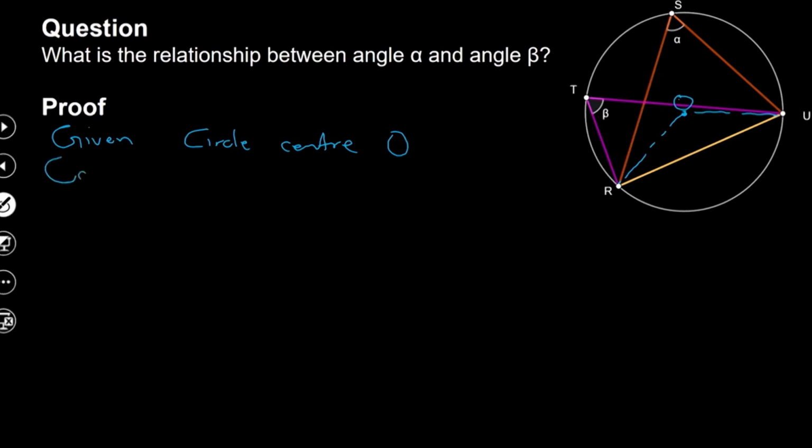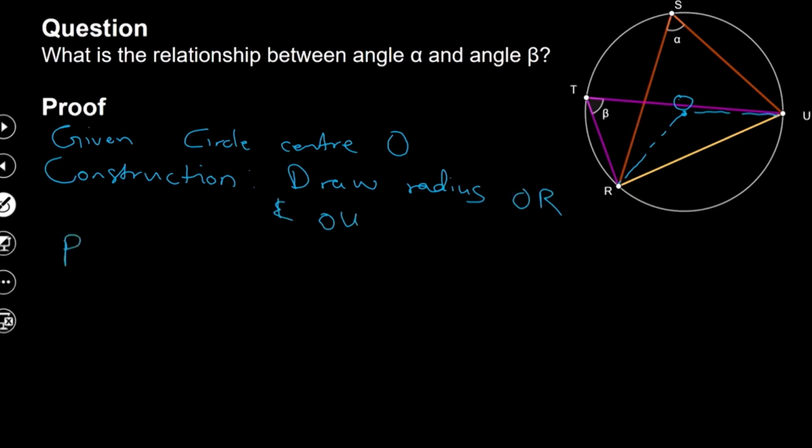Our construction here will then be: draw radius OR and OU. Now, what do we know from this? I'm just going to say proof.